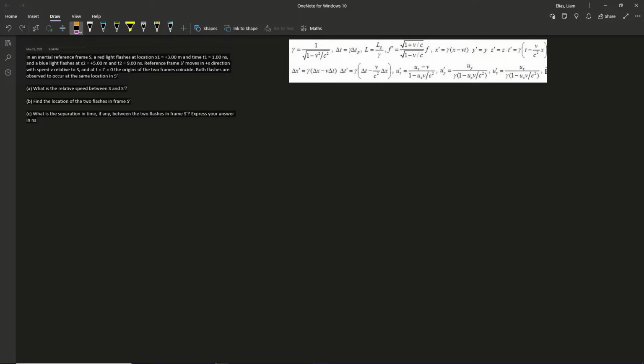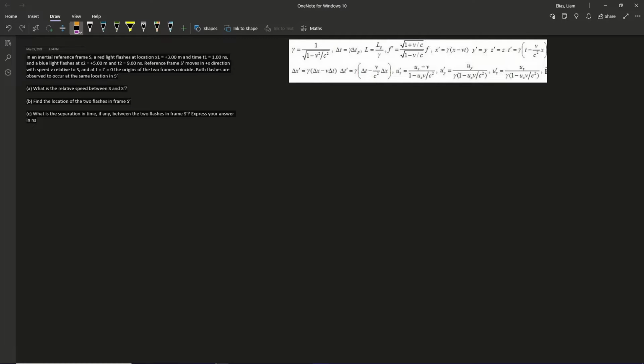Reference frame S prime moves in the positive x direction with speed v relative to S, and at t equals t prime equals 0, the origins of the two frames coincide. Both flashes are observed to occur at the same location in S prime.